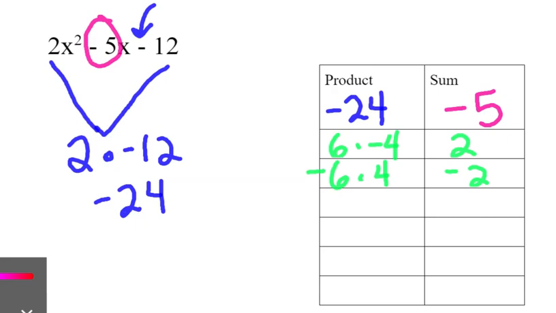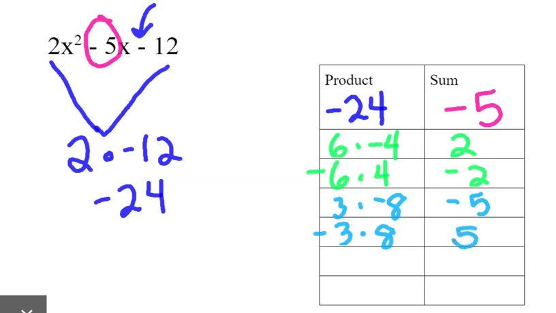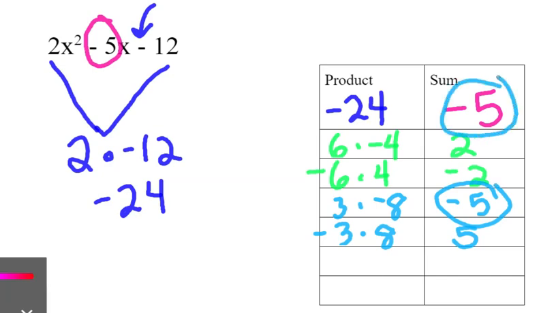Another pair for -24 is 3 times -8 or -3 times +8. If I add those together, I get -5 and +5. Now notice I have found my sum, -5, so that matches, which means that I have found the pair of numbers that I need, and they are +3 and -8.